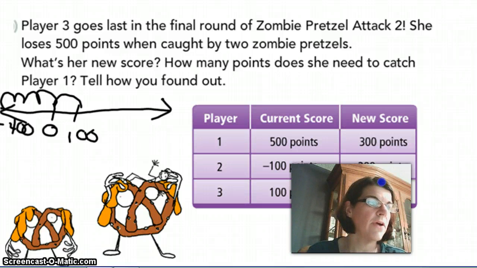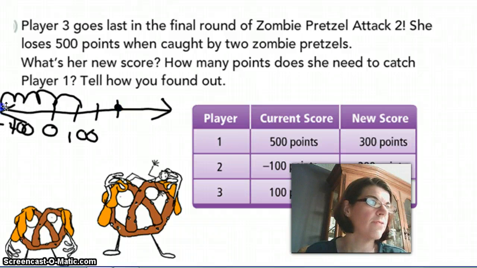So now we have to figure out how many points we need to catch up to player 1. And player 1 is at 300 points. So if we go back to our number line, 200, 300, okay, we have to get down here.